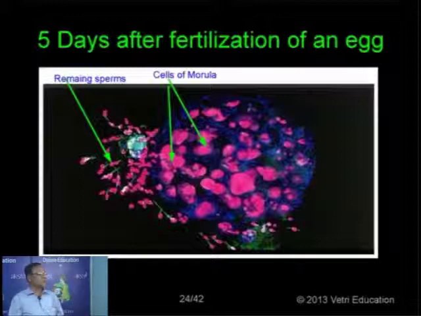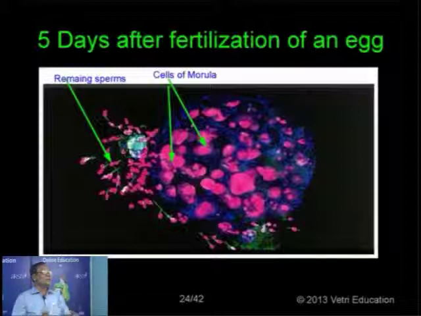While it is passing through the fallopian tube, as soon as fertilization has been completed, the single cell is ready to divide by mitosis. So mitotic divisions occur in the zygote. We have the 2-cell stage, 4-cell stage, 8-cell stage, 16-cell stage, and then 32 and so on.